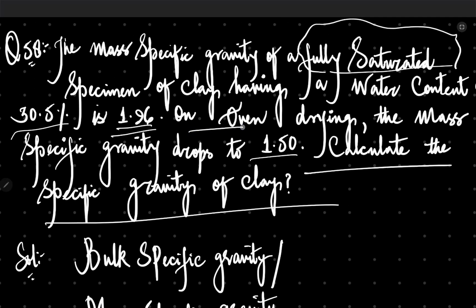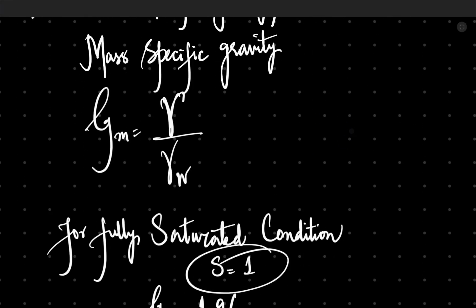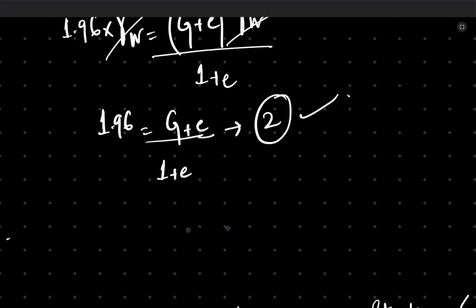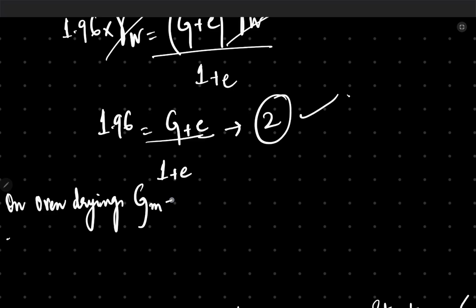On oven drying, the mass specific gravity drops to 1.50. Initially it was how much? 1.96.